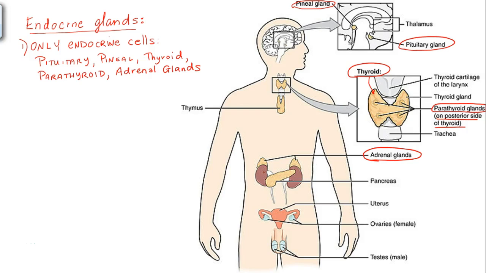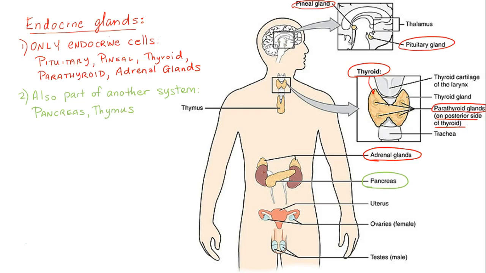But then there are other endocrine glands, and these endocrine glands are also doing a function that is part of another organ system. So in this case, let's make a list of these. For example, the pancreas. The pancreas is also part of the digestive system, but also is involved in regulation of blood sugar.